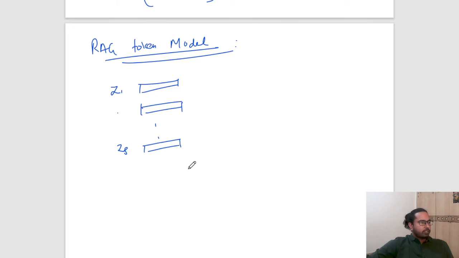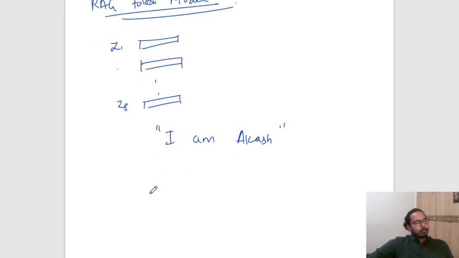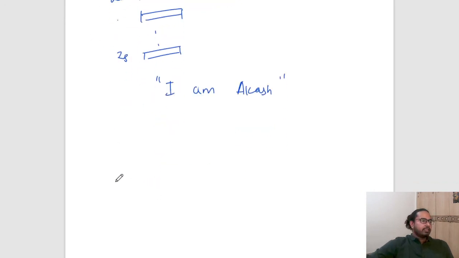Let's say we are trying to predict the same answer string, I am Akash. Now, as we discussed in the beginning of this video, the probability of getting this sequence will be, let's say this is equal to capital Y.